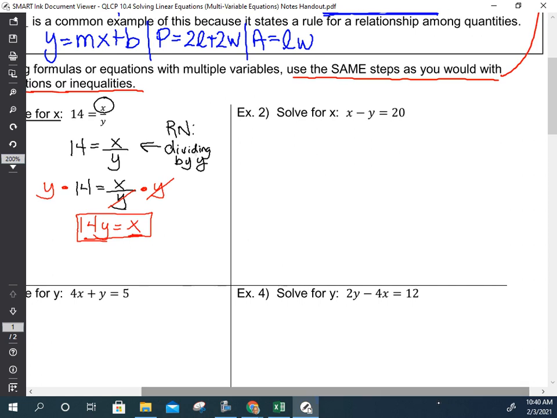So, example 2. Again, solving for x. x minus y equals 20. So again, we want x by itself. That means we need to get rid of the y. So right now, what is y doing?